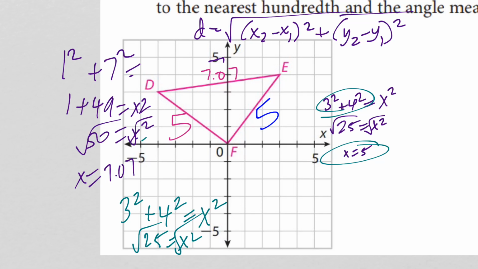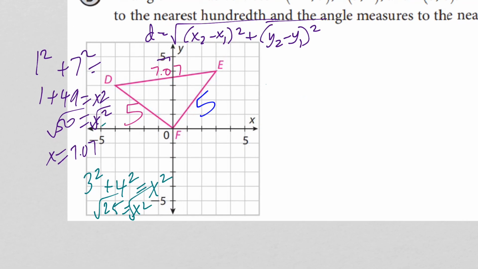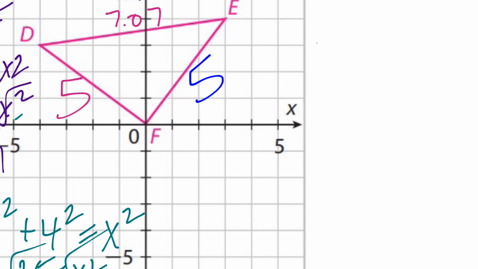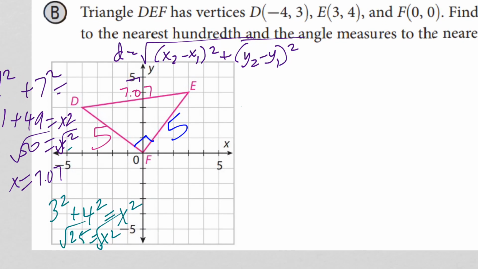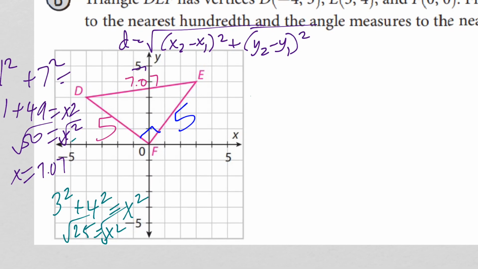Now I have to find the angle measures. So ready? I measured over here. It doesn't look like it, but I'm going to tell you right now that this is actually a right angle. The only way we were able to do the Pythagorean theorem is if we have right angles. So I'm just going to tell you that's a right angle already.